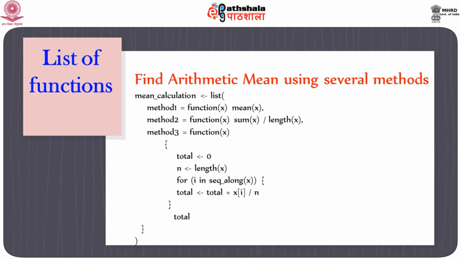Here, as we are going along from method 1 to method 3, the functions are getting more and more elementary. Remember, in the first case we used the base to compute the mean. Anyway, let us concentrate on the function. Here we are putting the three methods that we constructed to find the mean within the list function, and hence we obtained the mean calculation function, which is actually a list of functions.